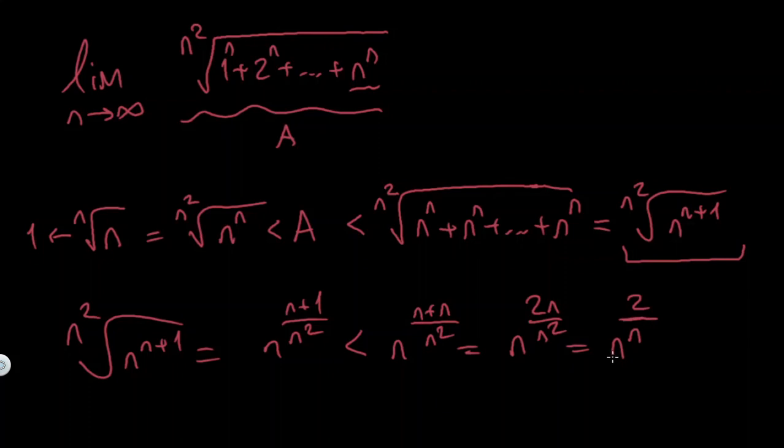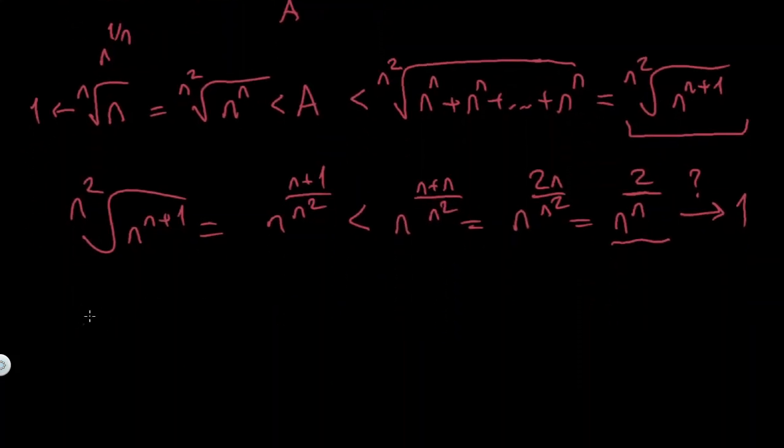If you also look at this part, this is n to the 1 over n. So a is actually between n to the 1 over n and n to the 2 over n. I know that this thing goes to 1, but let's see if this thing has the limit of 1.